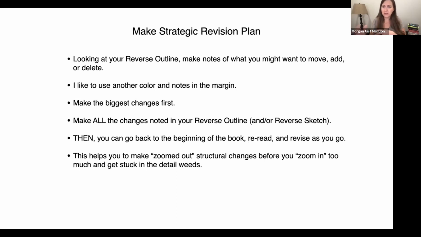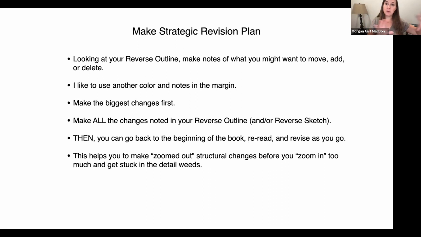They move from this location to that location, or we're missing a whole setting, like we need to set the scene is kind of what I'm saying. So we need to add more detail right here. So those are just big picture notes that you will make in the reverse outline itself.